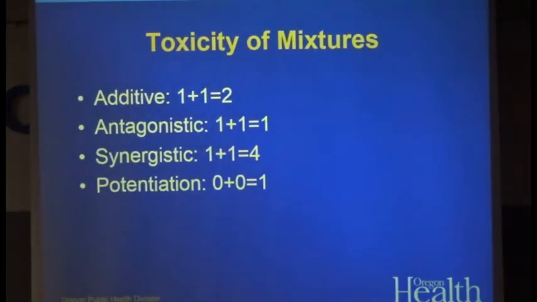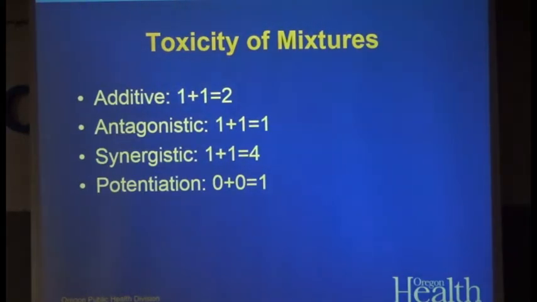So the toxicity of mixtures is pretty complicated. The chemicals in the mixture can affect one another's toxicity, and there are different types of interactions. The first one that I listed here is additive, meaning that the toxicity of the overall mixture is what you would predict by adding up the individual toxicities of the chemicals in the mixture.